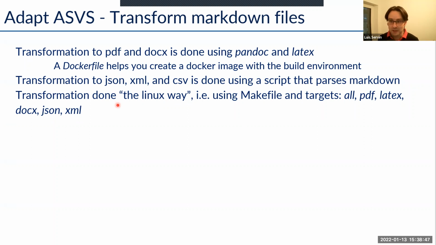I don't know, because that's the way we used to do things in the past. And I think Makefile works a lot better than a custom-built shell script. It knows already everything that it needs to know. And there are different targets. By default, it makes all. And all will create PDF, it will create docx, it will create 2 different versions of JSON and 1 XML.